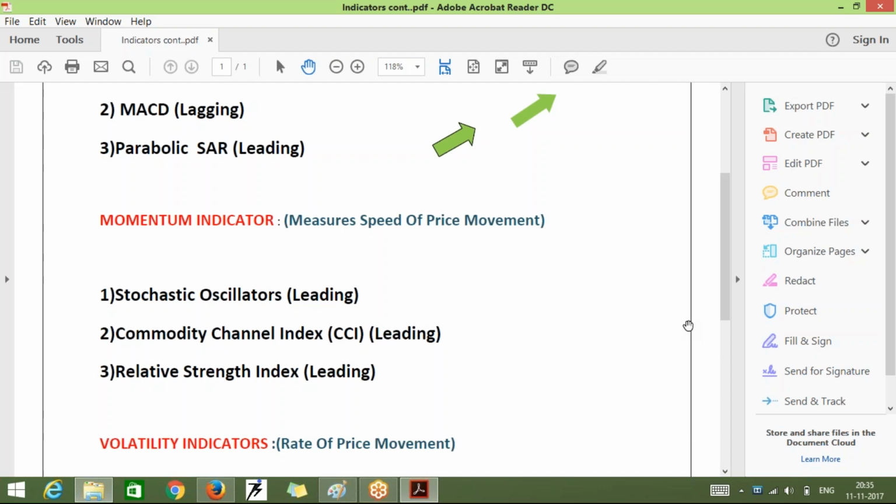Momentum indicators are those kinds of indicators which show us a range. When we learn stochastic, you will know exactly what is happening. Stochastic is a leading indicator, CCI is also a leading indicator, and then relative strength index is also a momentum indicator and a leading indicator.